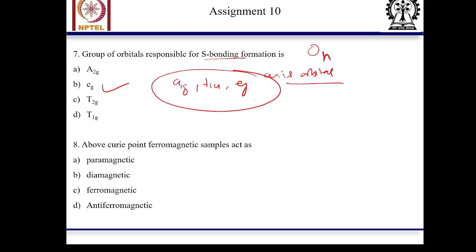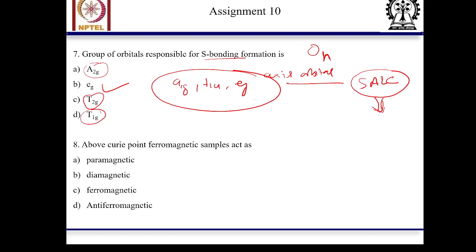Where is A2G used? Okay, currently I don't know, because I have just gone through the octahedral only. For other geometries like square planar or tetrahedral, I don't think it will participate. But in higher coordination number complexes you can see it, once we take the symmetry adapted linear combination, that irreducible representation should give this kind of orbital.